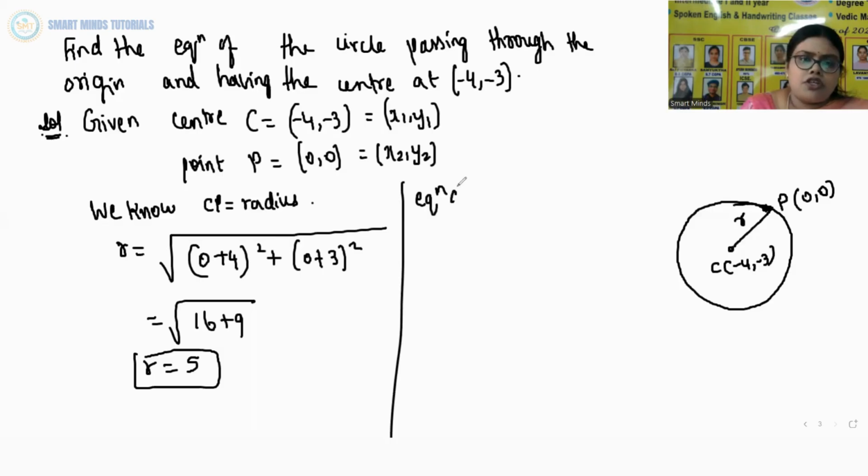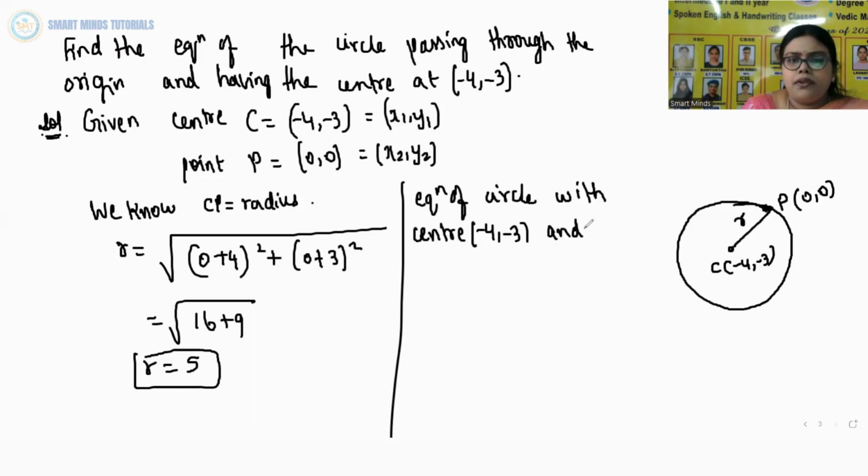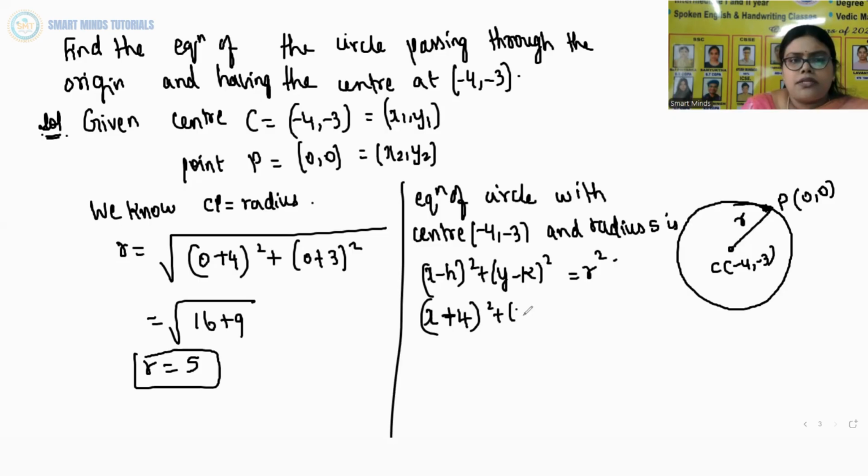Now what is the equation of the circle? We have center and radius, with center (-4, -3) and radius 5. What is the formula? (x minus h) whole square plus (y minus k) whole square is equal to r square. So x minus h is minus 4, so minus of minus plus 4, plus (y plus 3), is equal to 5 square.